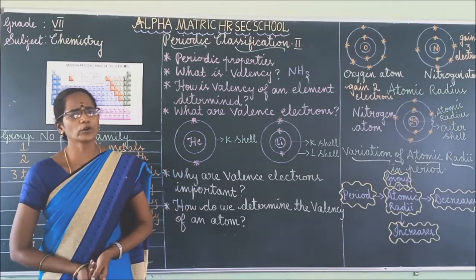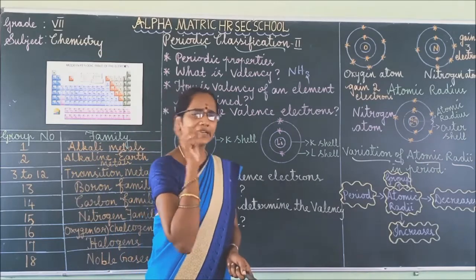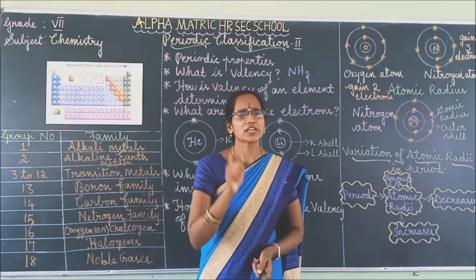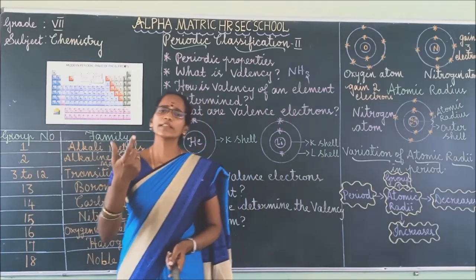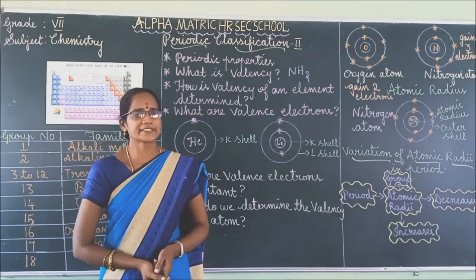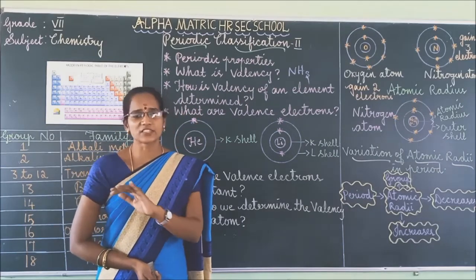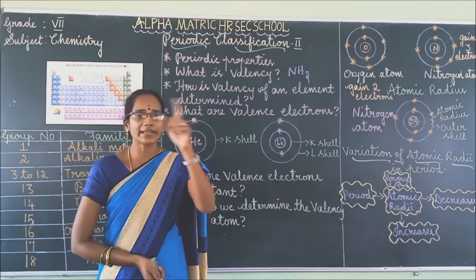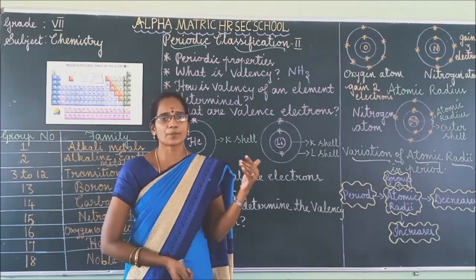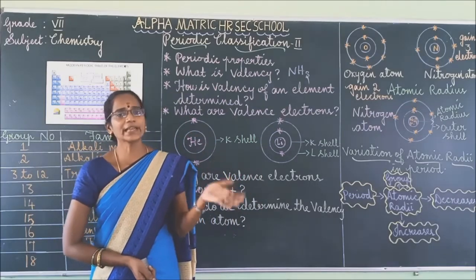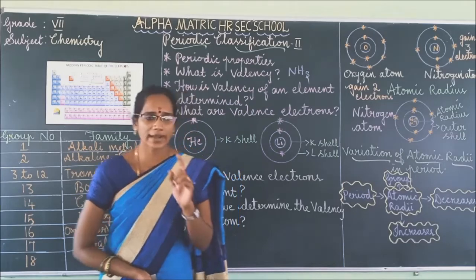Octet rule means that in an atom the outermost shell contains only 8 electrons. If more than 8 electrons are present, the remaining electrons will go to the next shell. You can accommodate only 8 electrons in the outermost shell. This is called the octet rule, right?